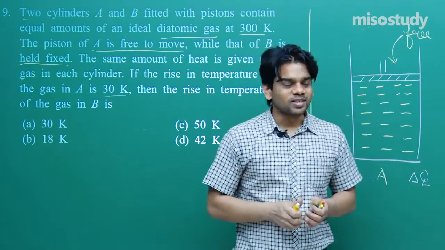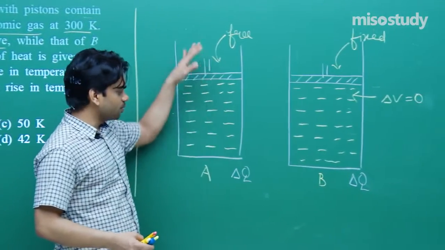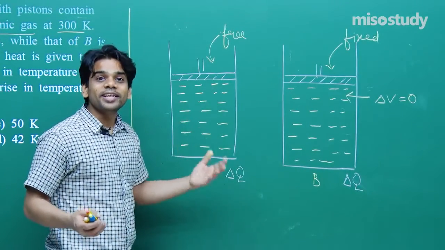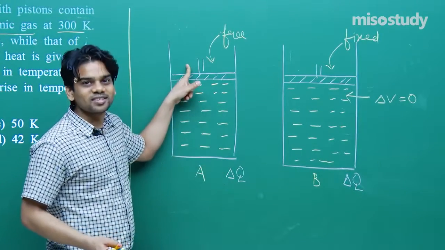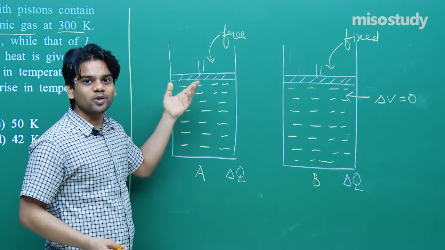How to use it? Now see, when you supply heat energy to A, it's free to move. Whatever heat energy you supply, the pressure will remain constant, that is the atmospheric pressure.